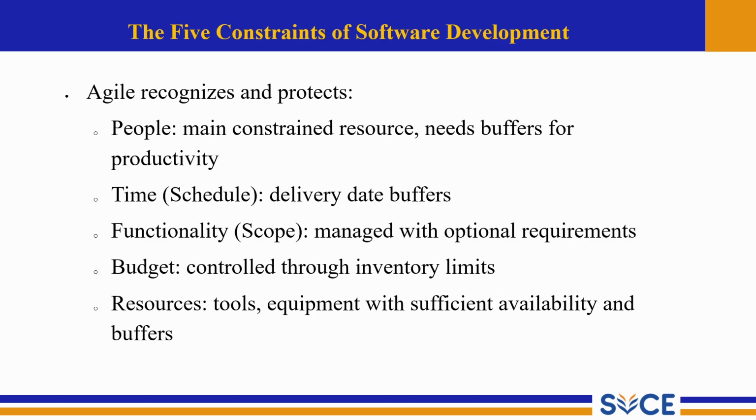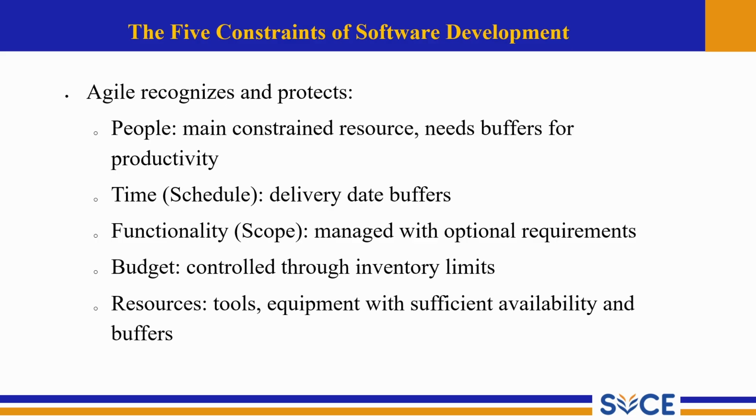People, as the main constrained resource, need buffers for productivity. This means productivity depends largely on human skills and capability.